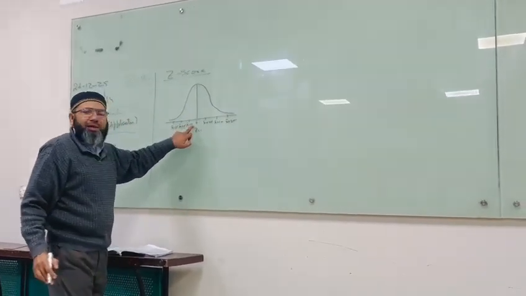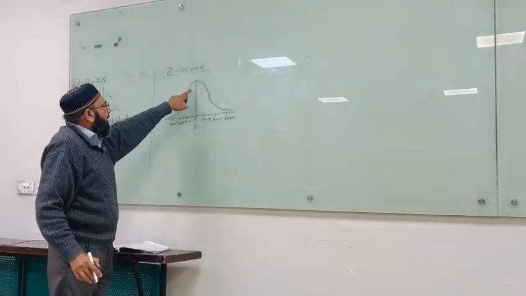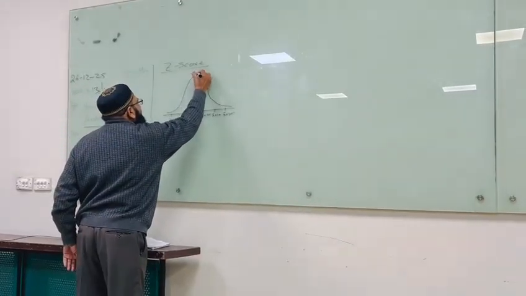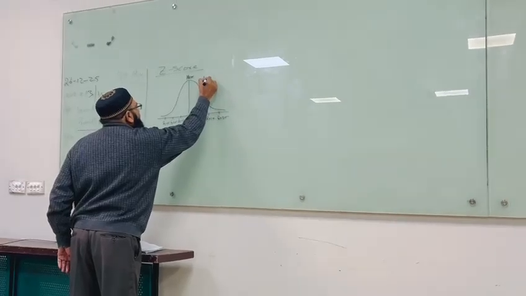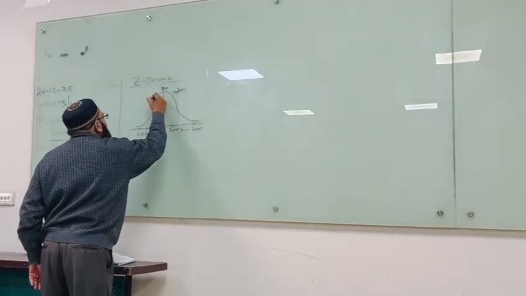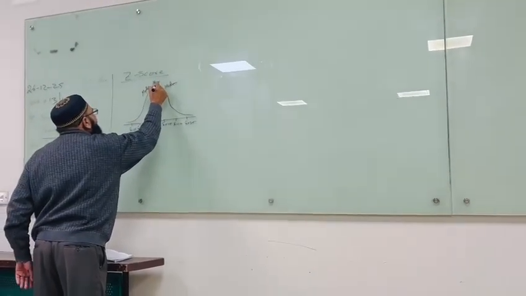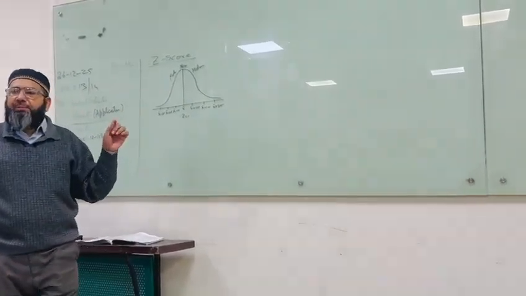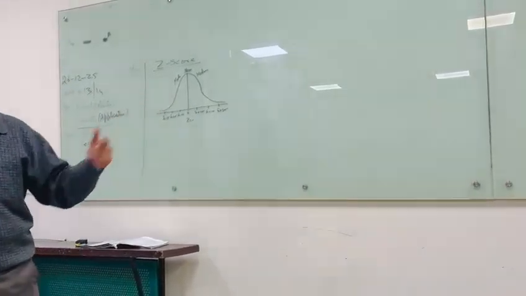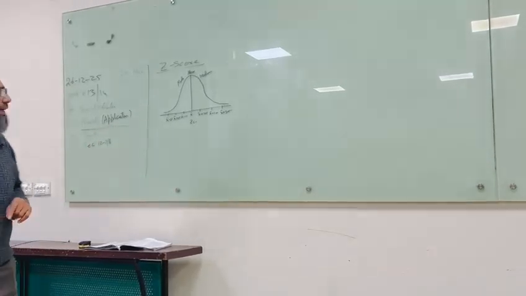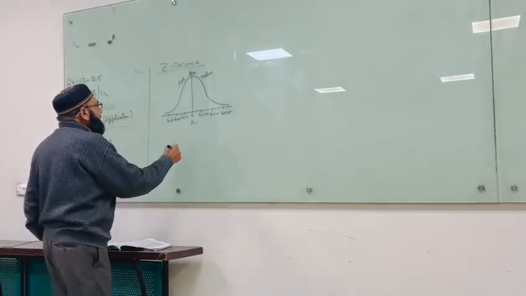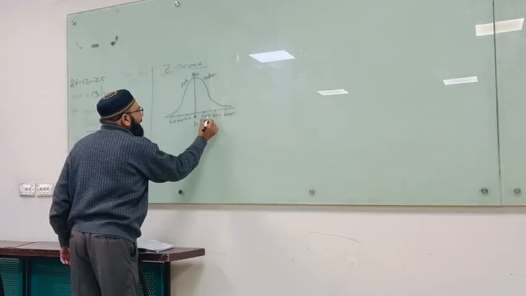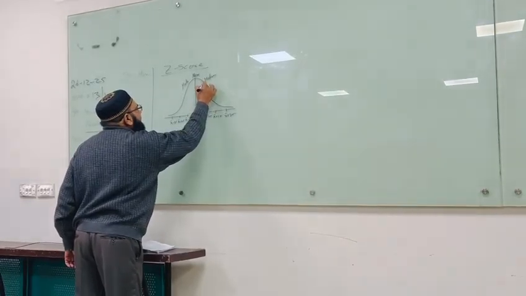Here is the mean value, and this is called the median and mode. At this point, mean, median and mode are nearly equal, not exactly equal. The distance from the mean value is one standard deviation.